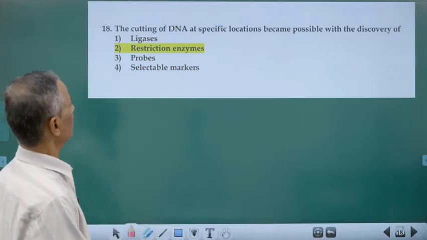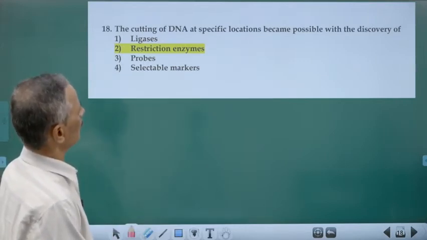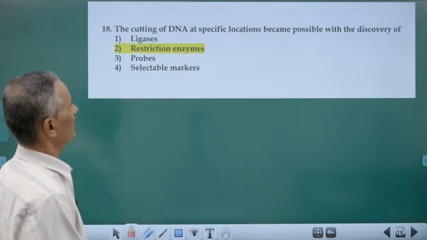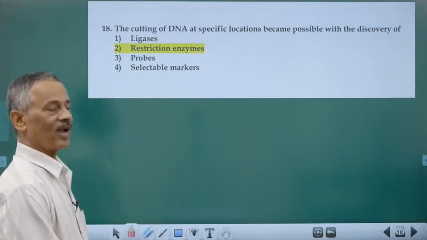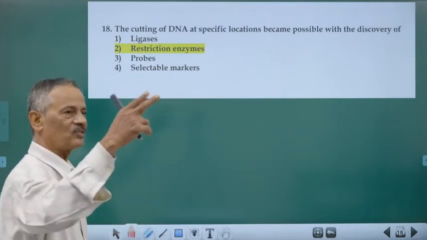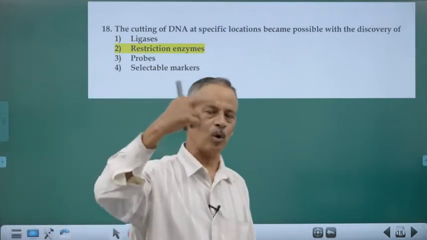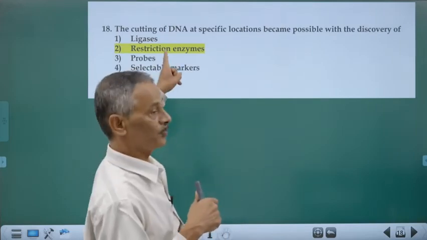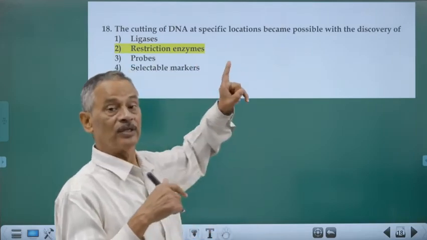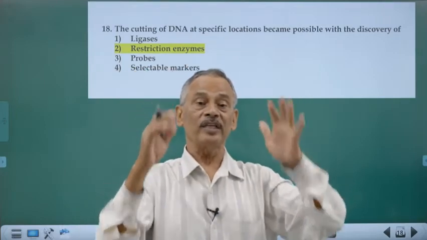The cutting of DNA at specific locations became possible. Why could we cut any DNA? Because we have the efficient cutting scissor, the molecular scalpel or molecular scissor. What is that? It is the restriction enzyme. In our book, it is given from more than 230 sources.